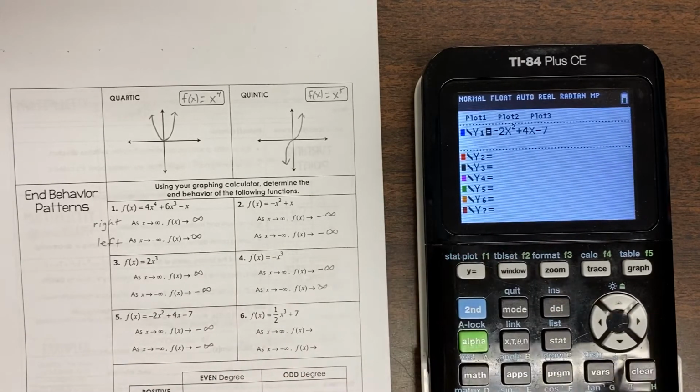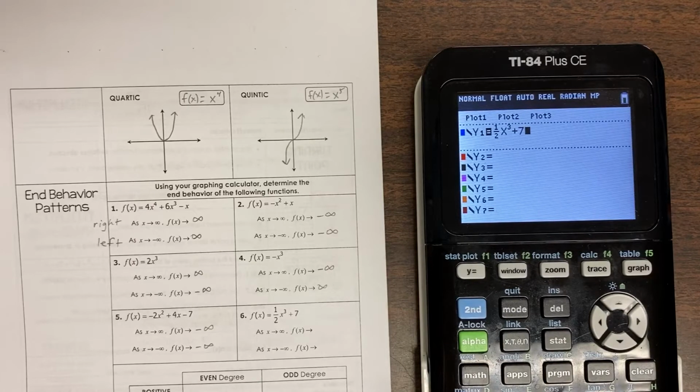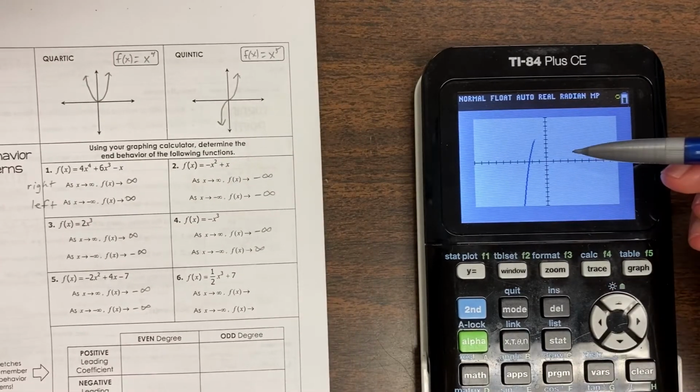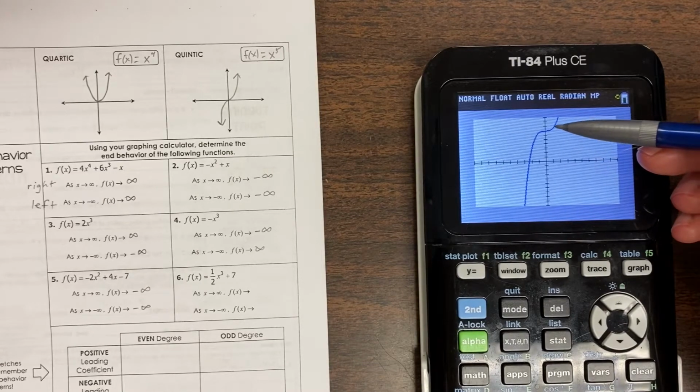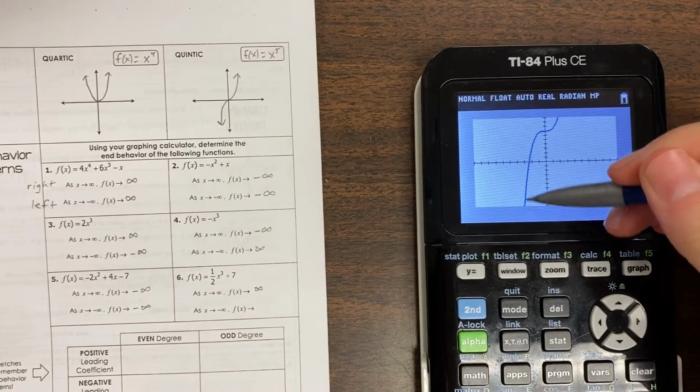All right, and then the last one, 1/2 x to the third plus 7. All right, my right tail is going up, my left tail is going down.